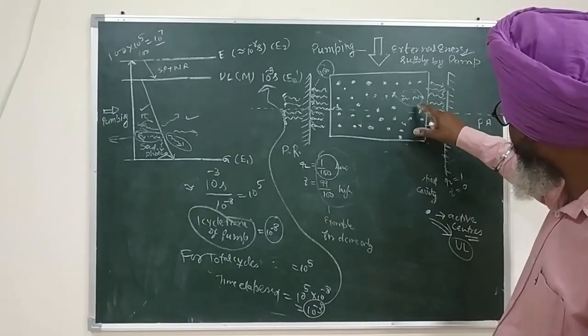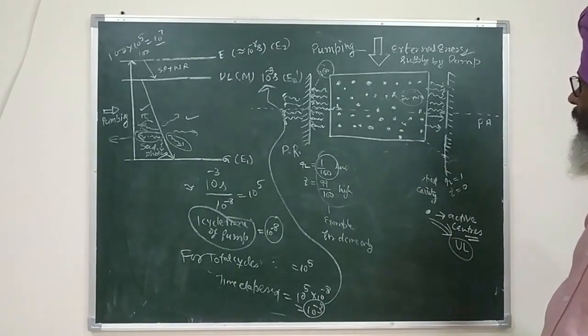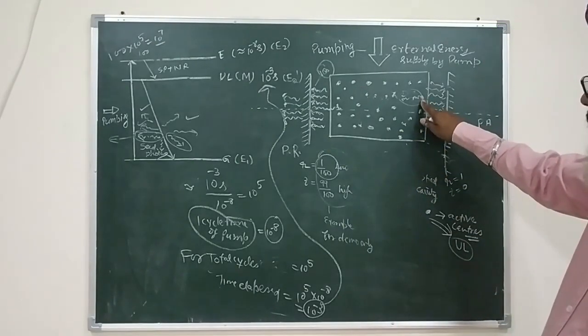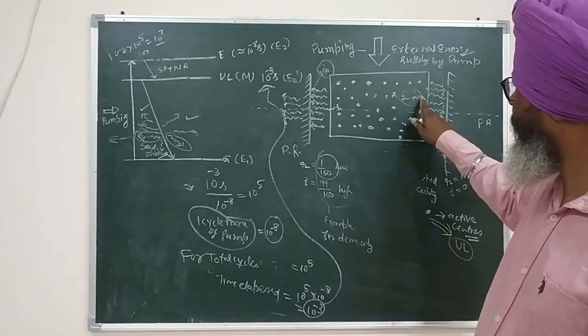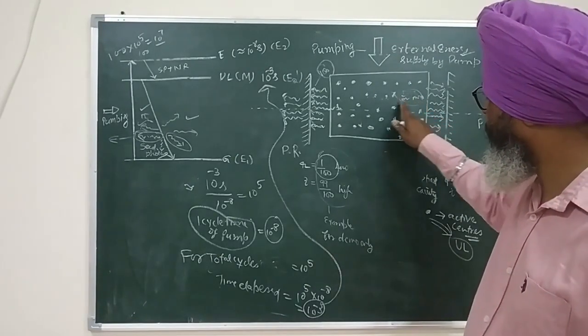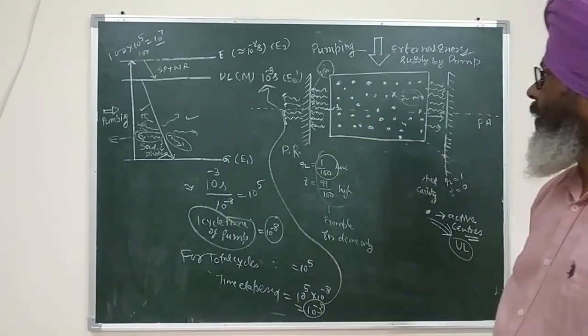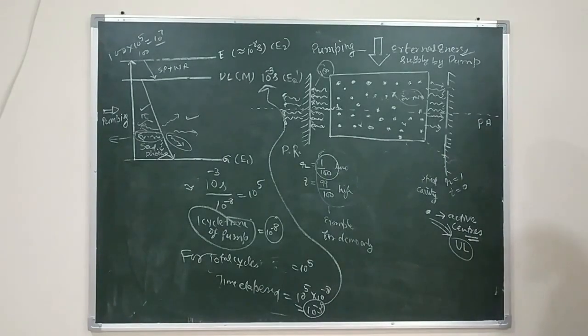Because in the previous, just a few minutes earlier, I said when a photon starts here, in the process of going from the first end to the second end, it gets multiplied by a factor of 100.